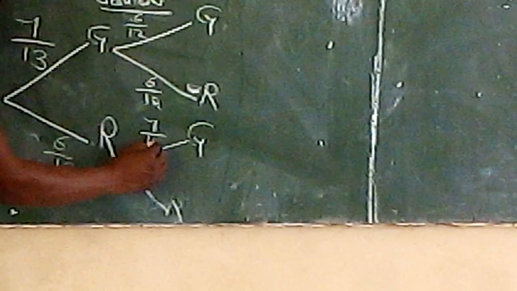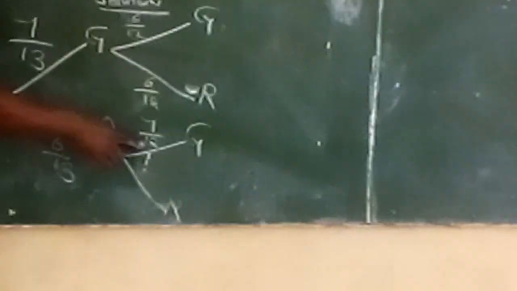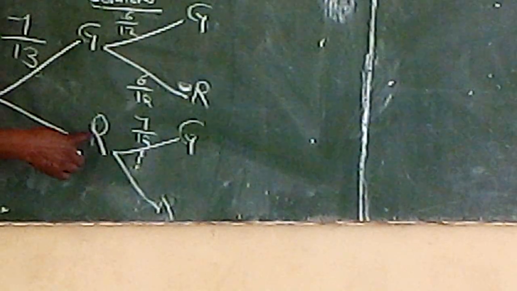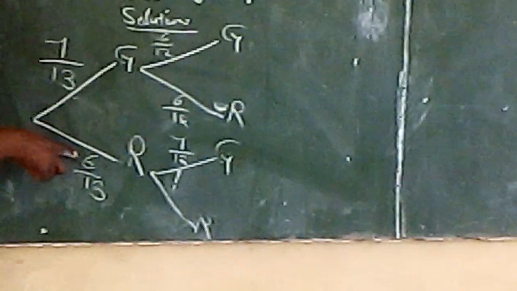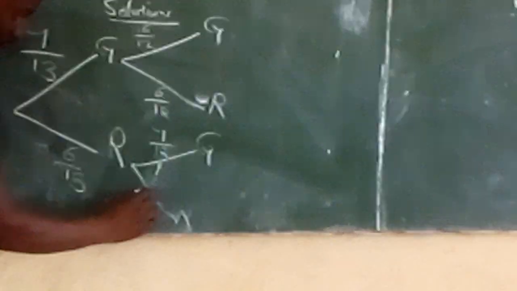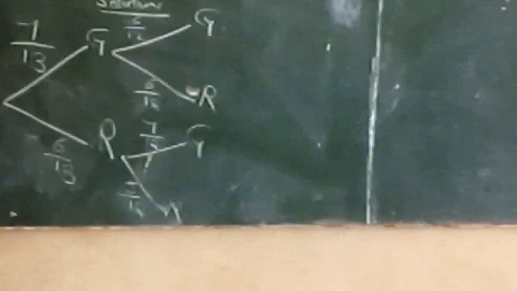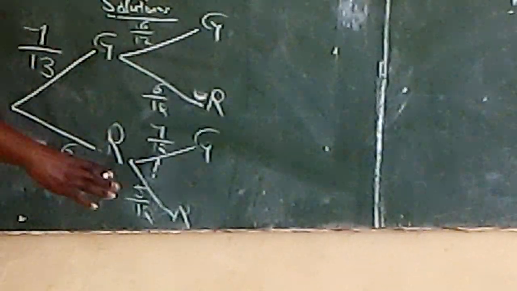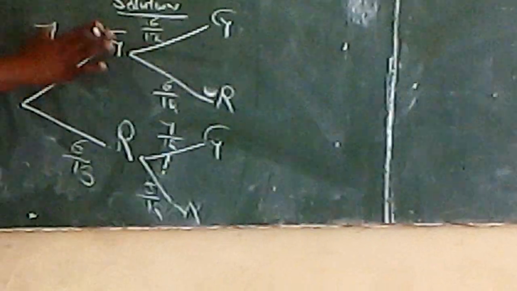So you write the number 12 here. So 7 out of 12. Meaning, since it's a red apple, the red apples reduced from 6 to 5, by 1. So this becomes 5 out of 12 here once again. That's the idea. Once you do this, you will have drawn the tree diagram.